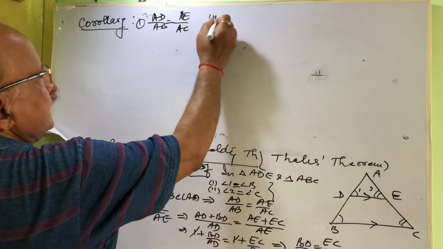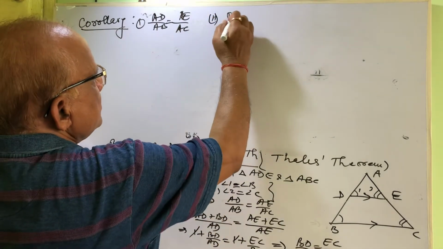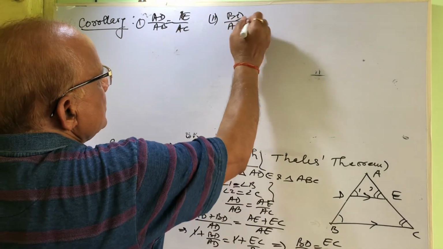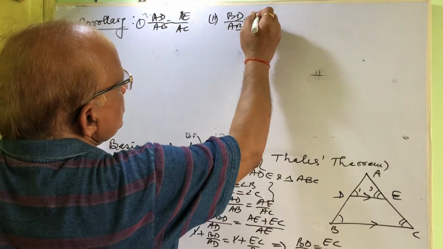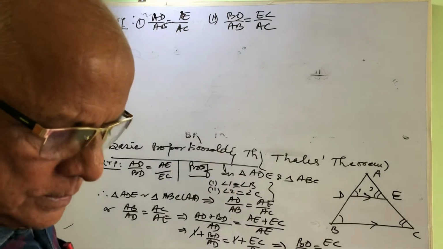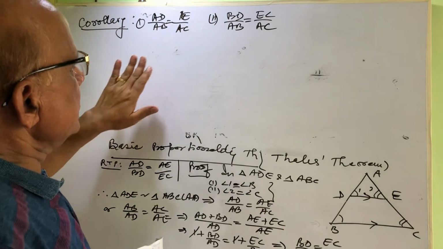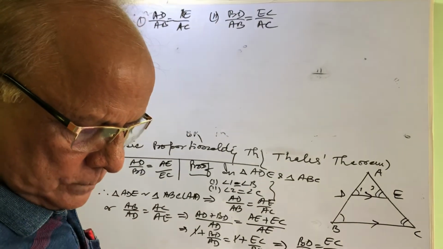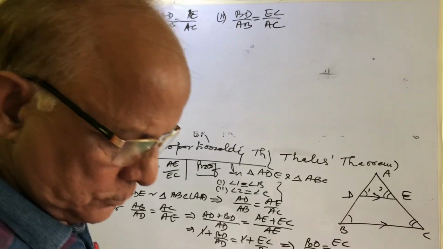Second, BD by AB is equal to EC by AC. You can also apply this. This is also a result of the basic proportionality theorem.